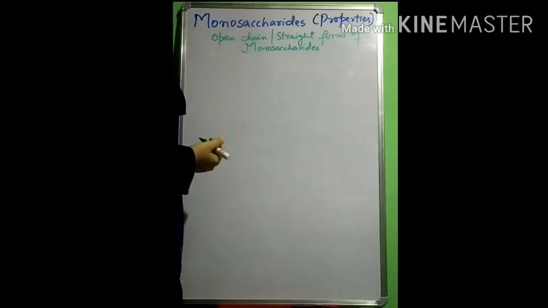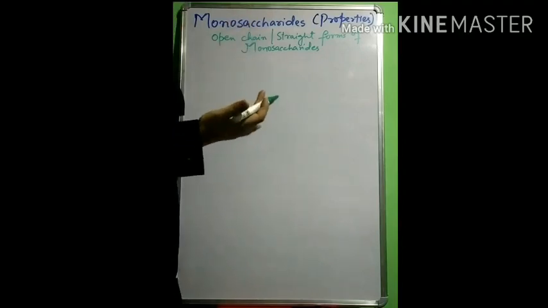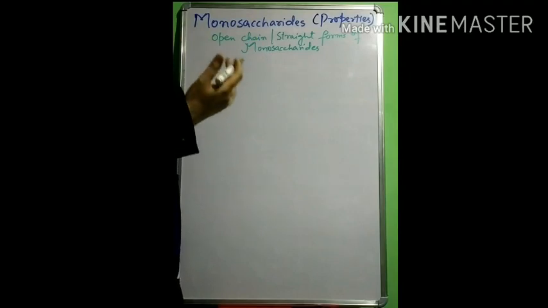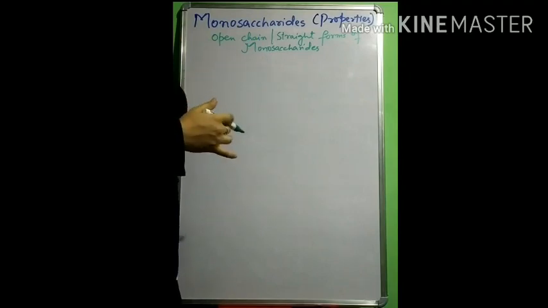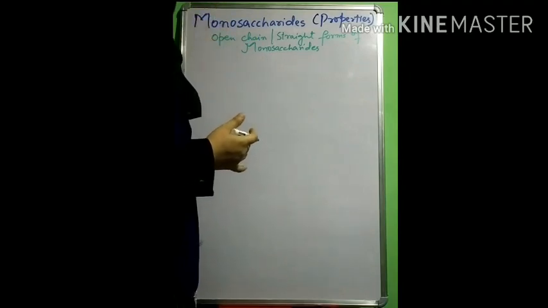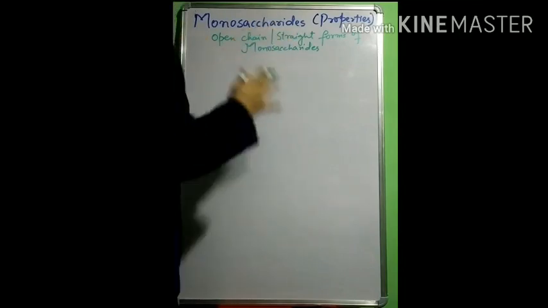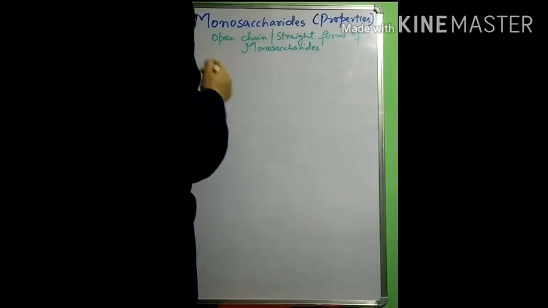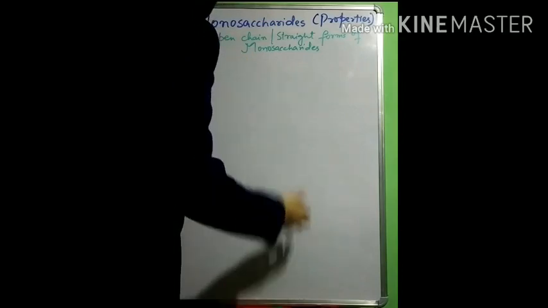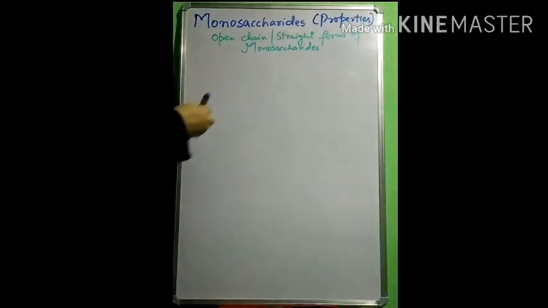We'll be drawing some open chain forms, and you must be aware of different conformations as far as chemistry is concerned. You know about open forms, you know about closed forms. Inshallah, I'll be showing you open as well as closed forms of monosaccharides. Right now, we'll work with the open forms, or open chain forms or straight forms.